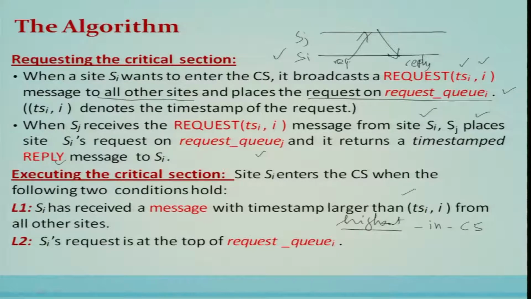The other condition, L2, says that site Si's request is at the top of the request queue. If you see the request queue, i's request will be at the head of the queue. These two conditions ensure that a particular process i is executing the critical section.